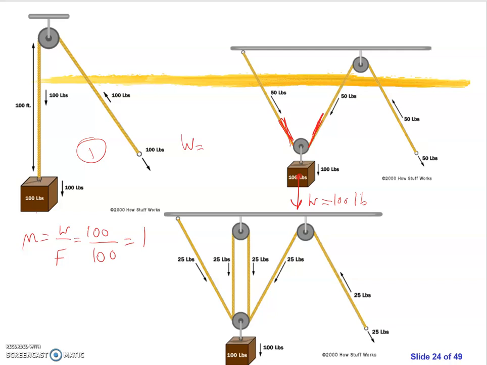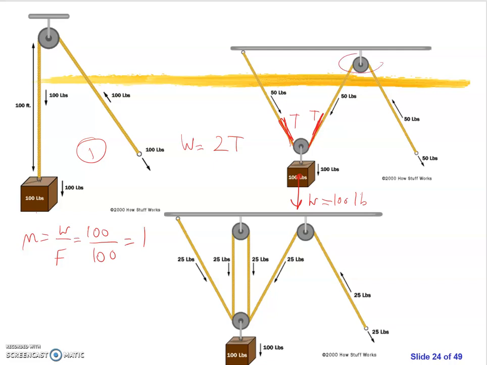So these two tensions will handle this. So W, if I call these two T, and if there is no friction, of course, W is equal to 2T, right? So each of these tensions in the lines will be 50 pounds. Right, so if this is 100 pounds, each of these lines will handle 50 pounds.